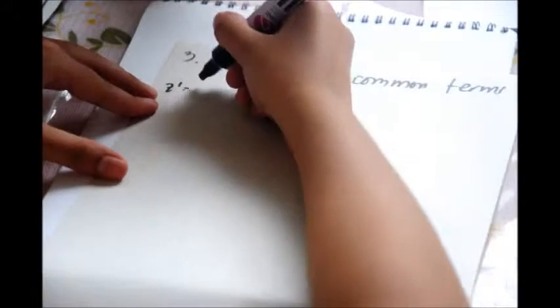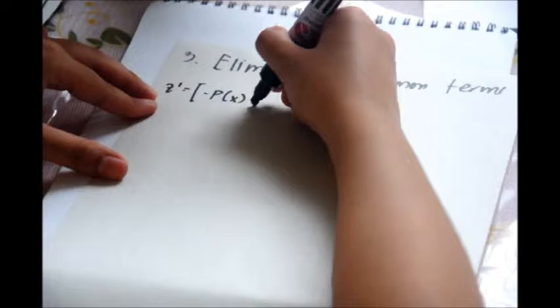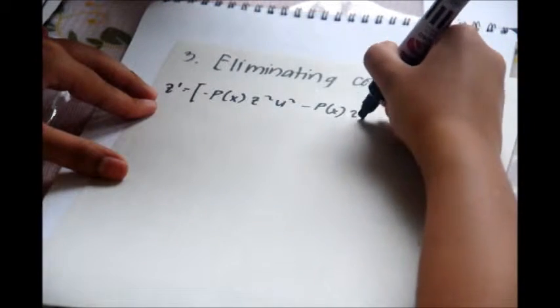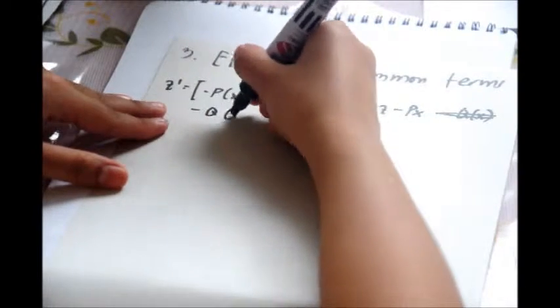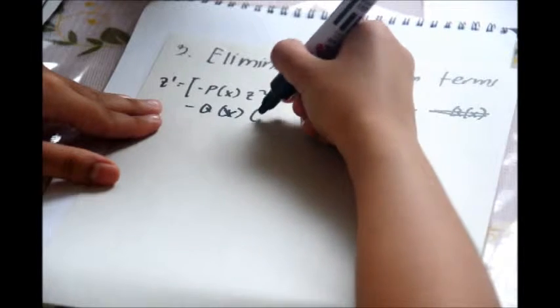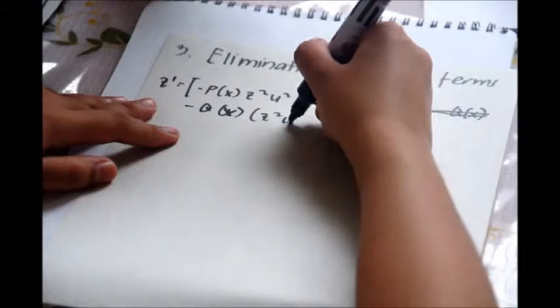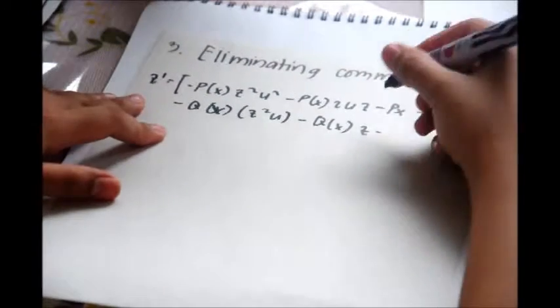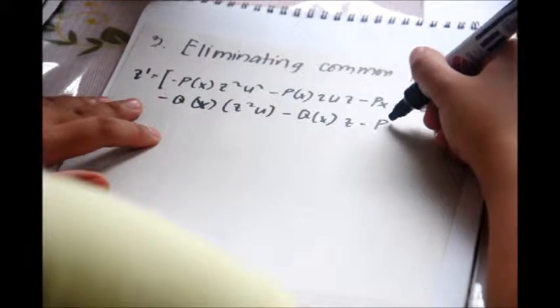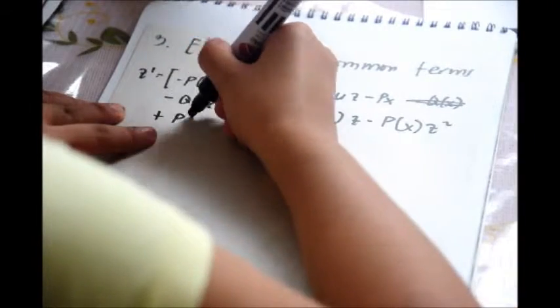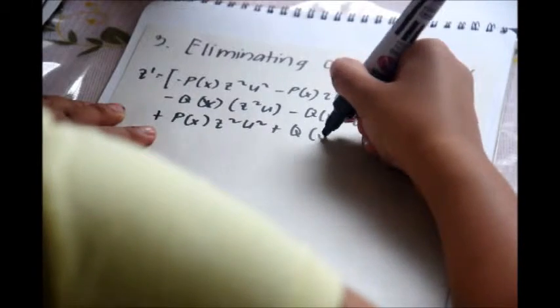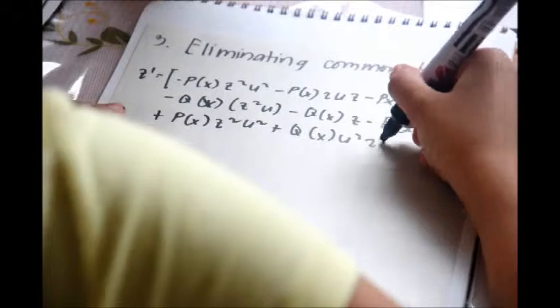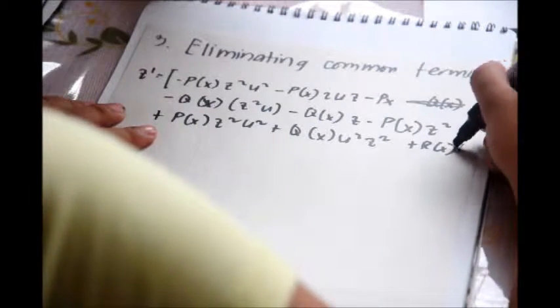So now z prime is negative p(x) z squared u squared minus p(x) 2uz minus p(x) minus q(x) z squared u minus q(x) z minus r(x) z squared plus p(x) z squared u squared plus q(x) u z squared plus r(x) z squared.